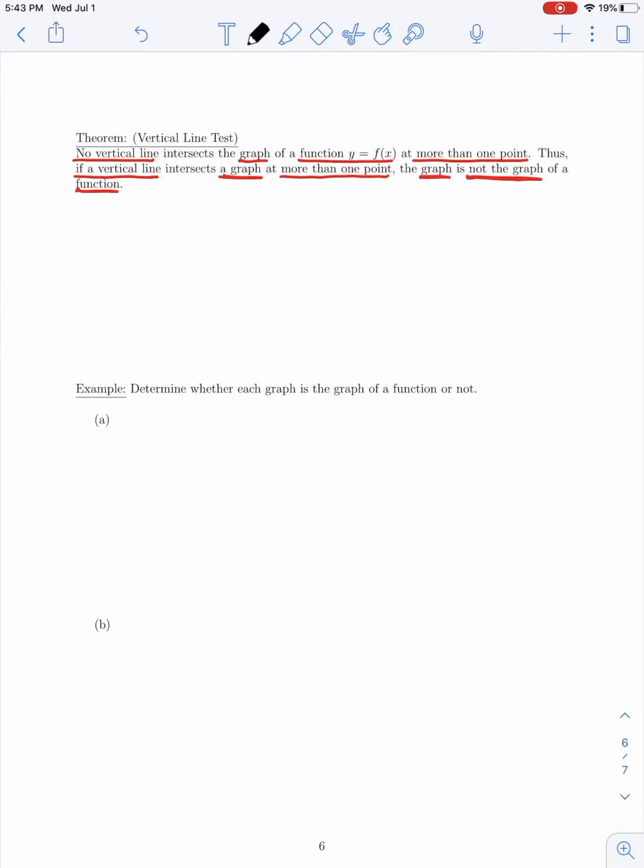So let's think about it geometrically. Suppose that we have in the xy plane some curve, something that looks like this. For this curve, we're curious whether this is the graph of a function, y equals f of x.